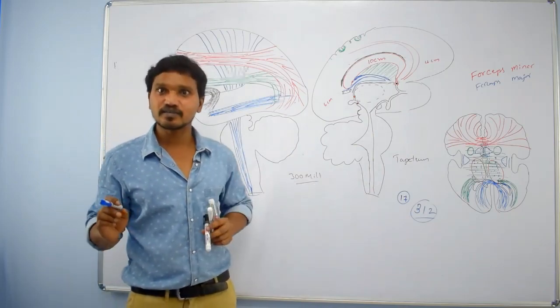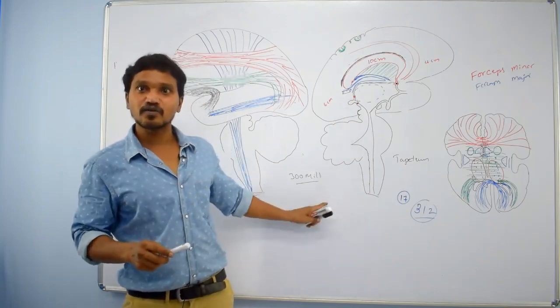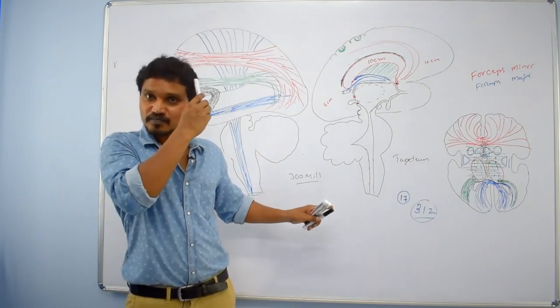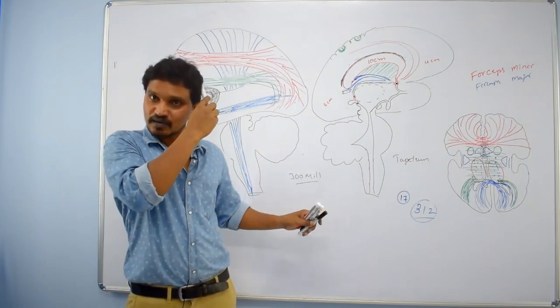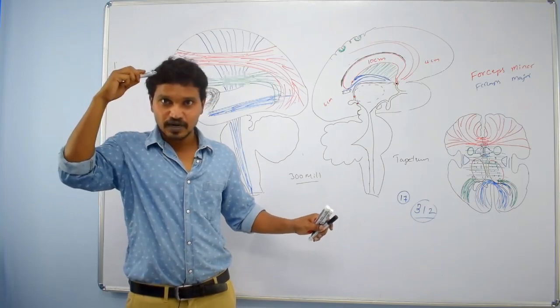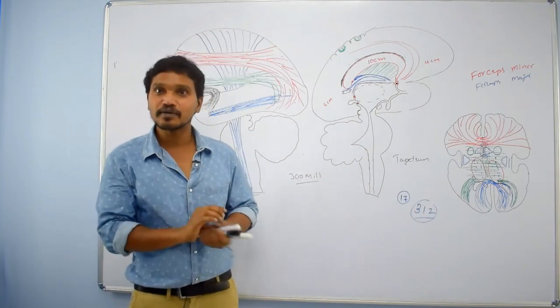How could I write? I didn't train my left hand, yet I could write, because the information from my left cerebral hemisphere transferred to the right cerebral hemisphere, and the motor commands came to my left hand. What is happening here?